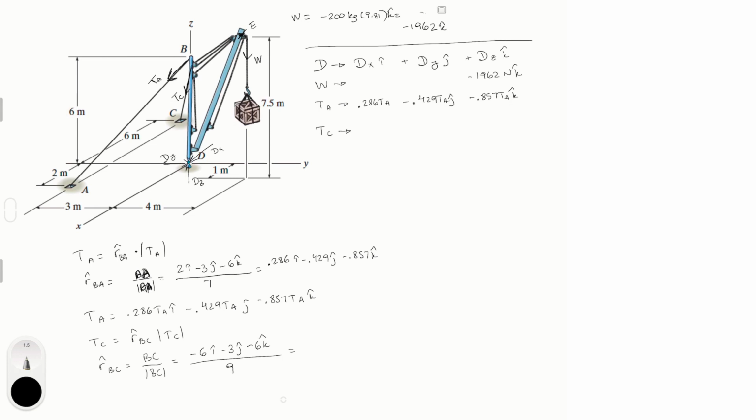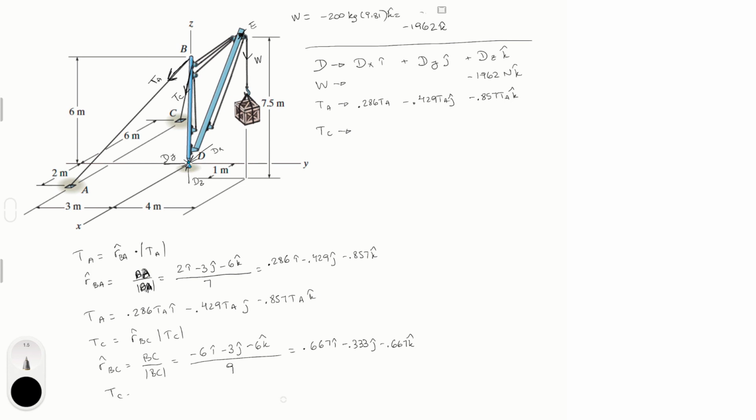And that means that this vector comes out to be 0.667 in the I, minus 0.333 in the j, minus 0.667 in the k.